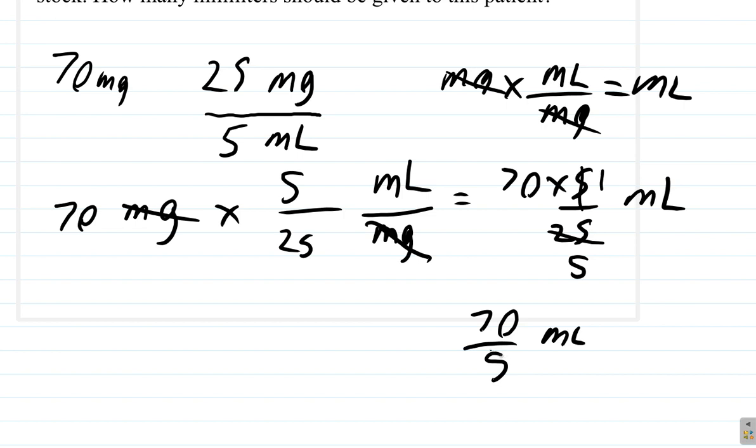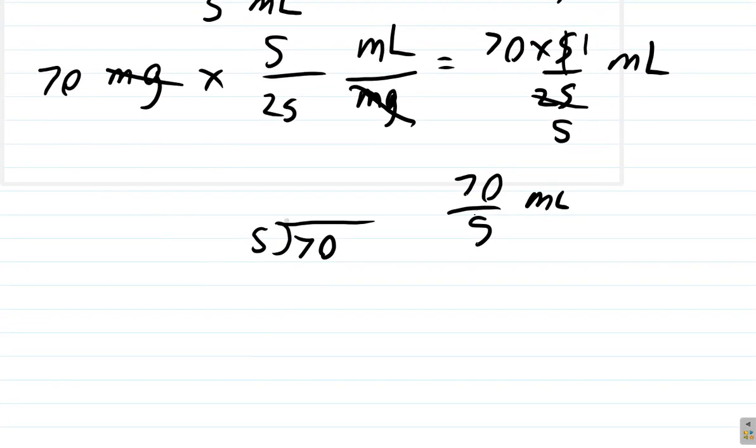So 70 divided by 5. You could use a calculator, or let me use long division here. So how many 5s are there in 7? There's 1 5. 1 times 5 will give you 5, and you write a 5 here. We're considering only dealing with the 7 for now.